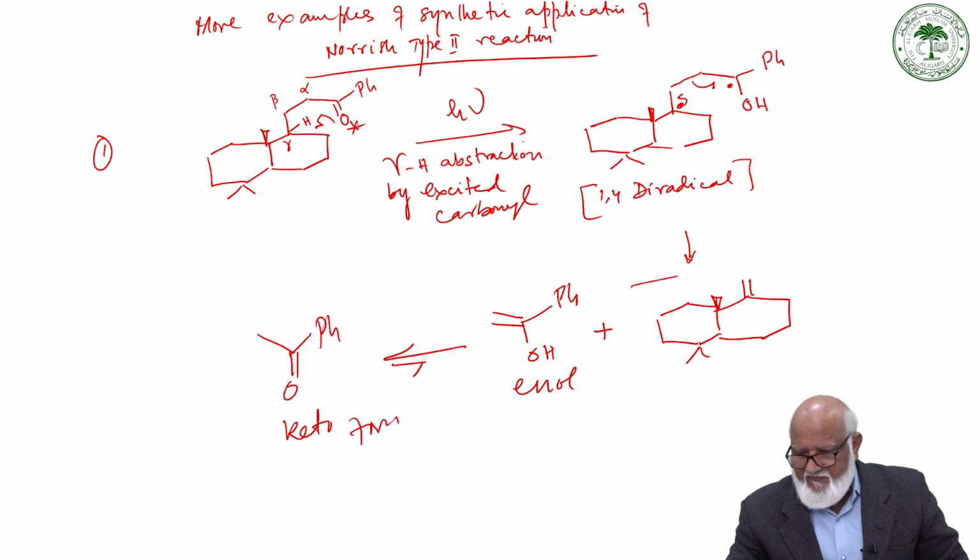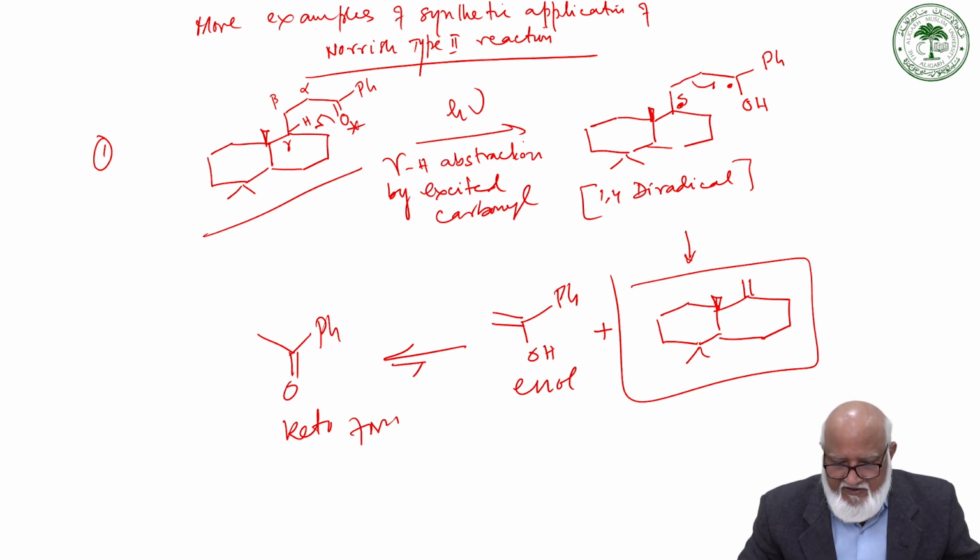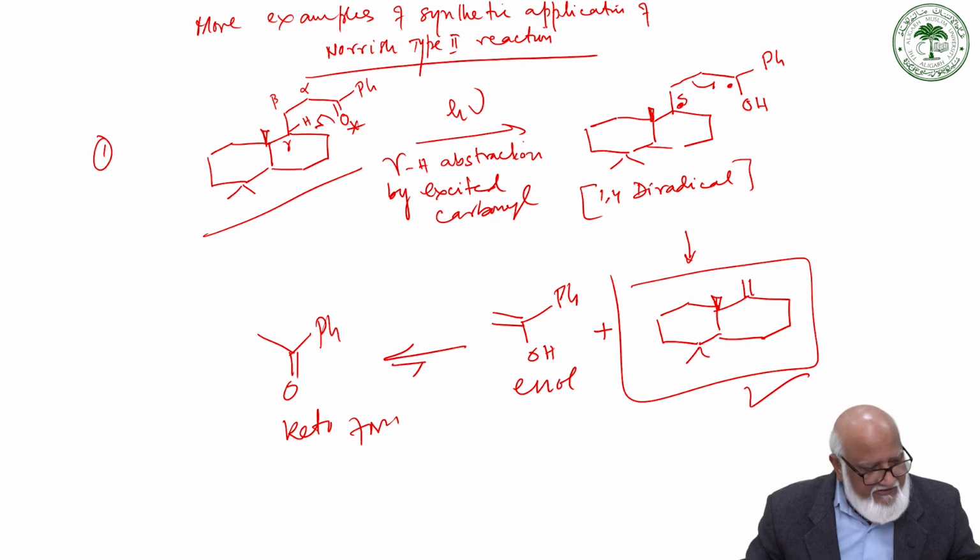So you can see this starting material is nicely set for gamma hydrogen abstraction by the excited carbonyl to give an exocyclic double bond. This is again an important aspect of this reaction. Let us see a few more examples.